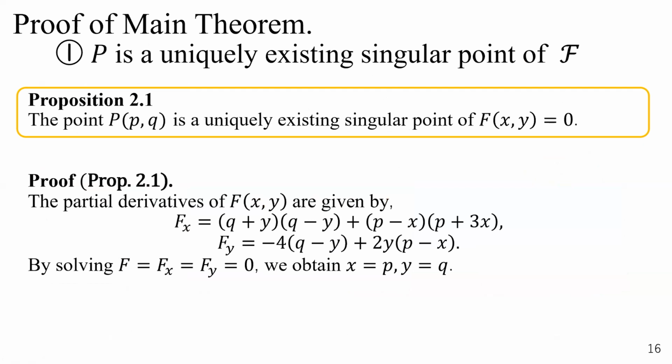In the rest of this talk, I will explain the proof of the main theorems. First, a direct calculation shows that P is the uniquely existing singular point of F.